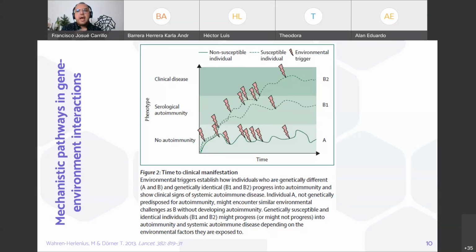that we may recognize these autoantibody responses, and also the contribution of type 1 interferon. This graphic shows some other contributions of these environmental factors that trigger the development of autoimmune diseases. We have three examples.